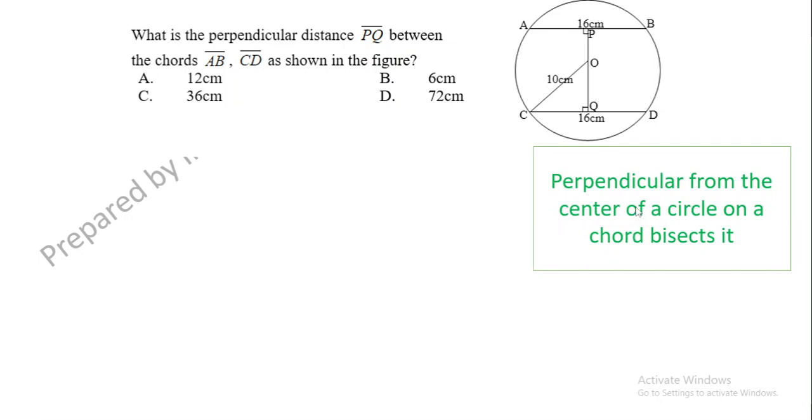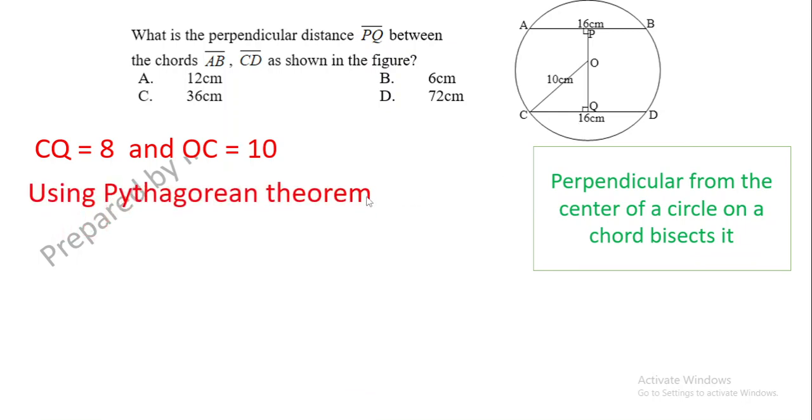And now from here we come to know that perpendicular OQ from the center of a circle bisects the chord. So what is the value of CQ? CQ is equal to 8 and OC is also equal to 10. Because OC is given 10 centimeter and CQ is 8, why? Because it divides into equal two parts.